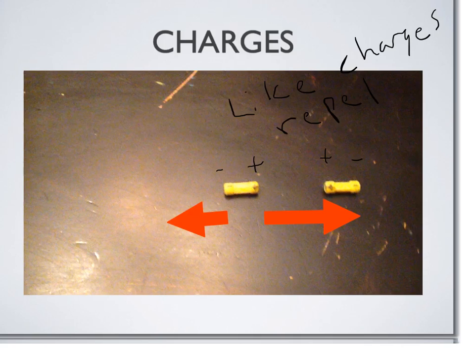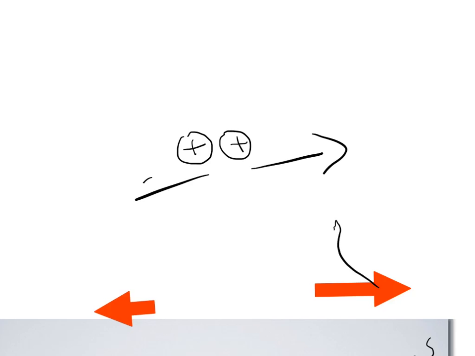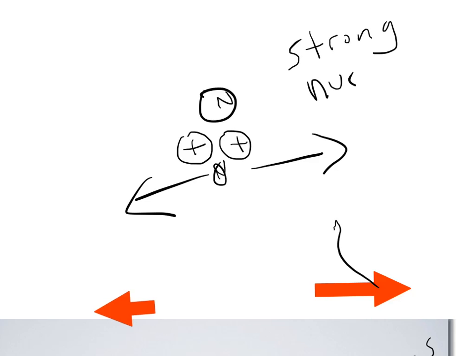So what we have here in the nucleus of an atom, if I were to have 2 protons together and they were just sitting together, what would happen? Well, these would be repelled apart. And so we have to have a neutron there. And that's called strong nuclear force.